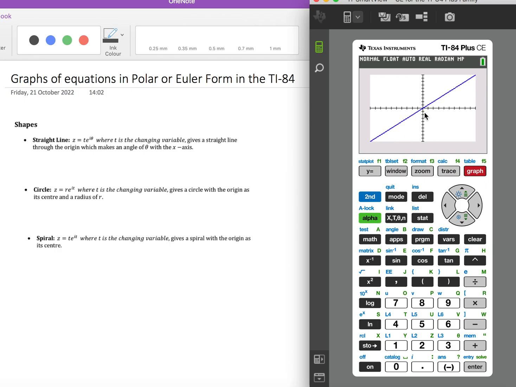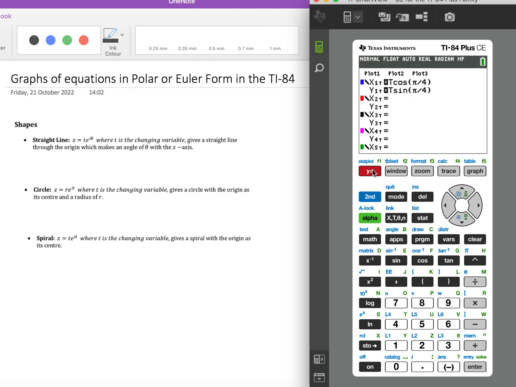The next graph that we will look at is the graph of a circle. A circle will have a general form of r e to the i t, which means that our changing variable is now in the exponent, and we're going to use parametric equations for that. Our r here is the radius. I'm going to use the second set so that you can see it graphed simultaneously.